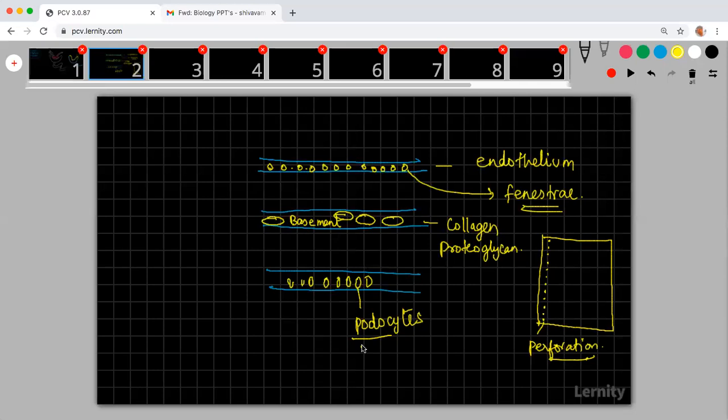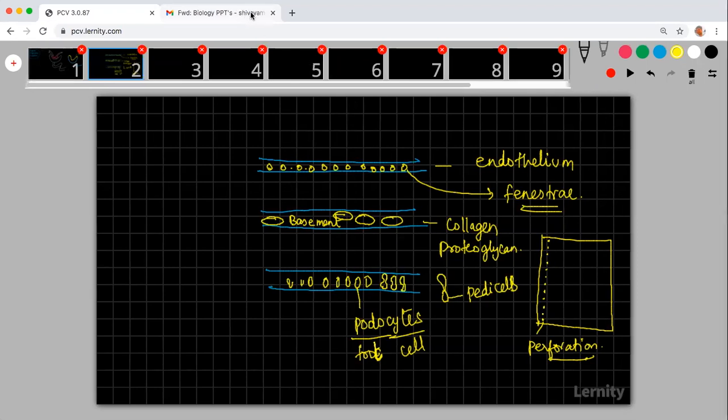Podo means leg, foot, and cytes means cell, so we call them foot cells. They look like a foot, like a leg. So we call these projections pedicels. So it will be like this.